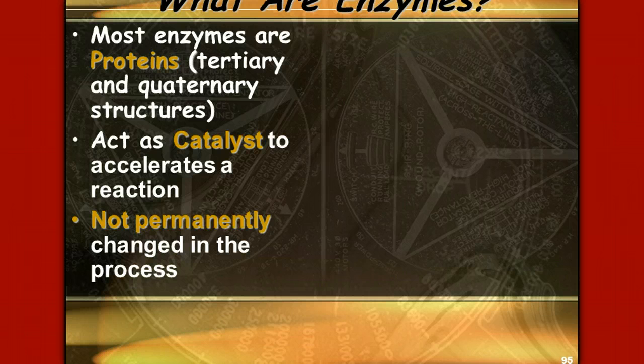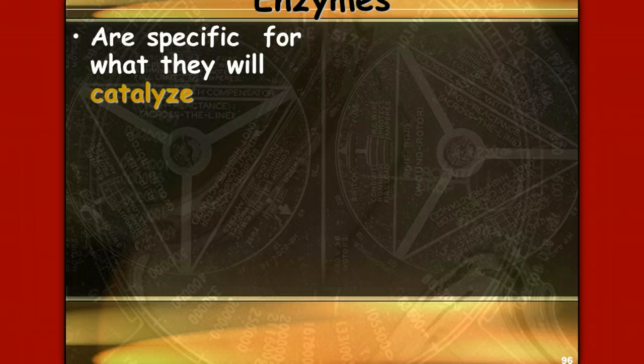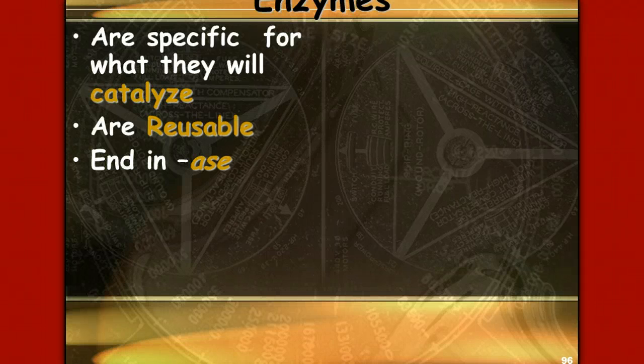They're not permanently changed in the process, so they can be reused and recycled and used over and over and over again. Now, they are very, very specific for what they catalyze. Because they are reusable, they can be utilized in the body's reactions over and over, multiple times, and very, very quickly.